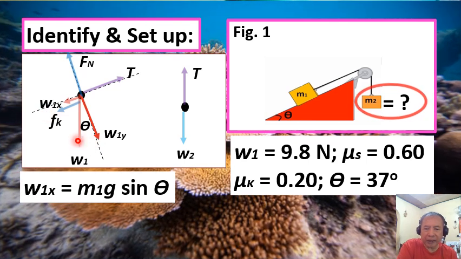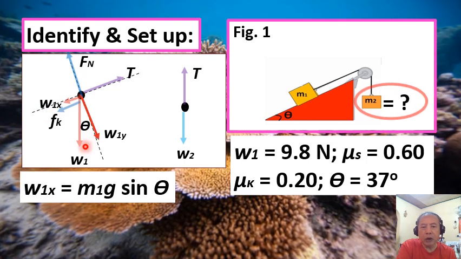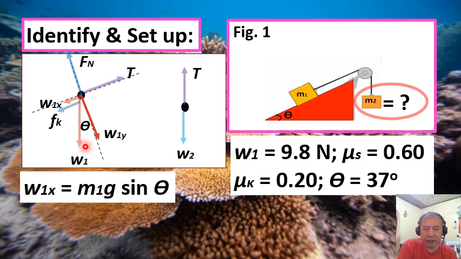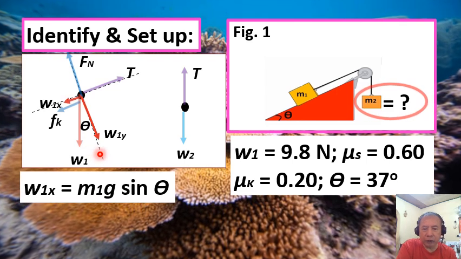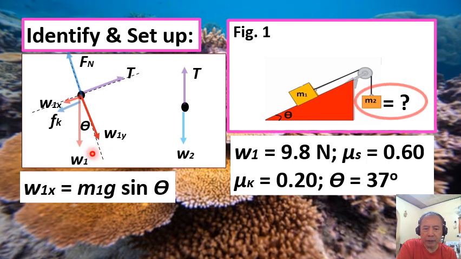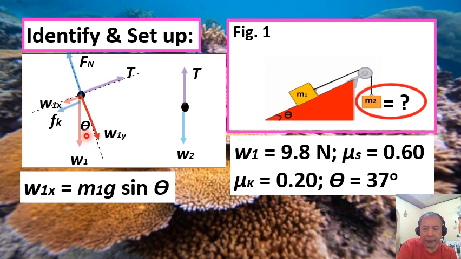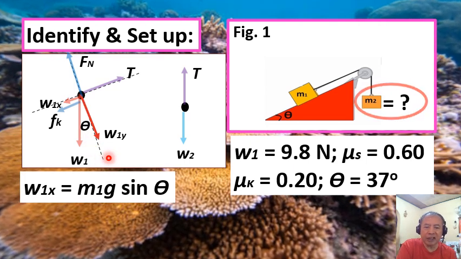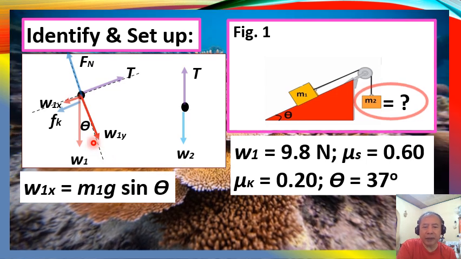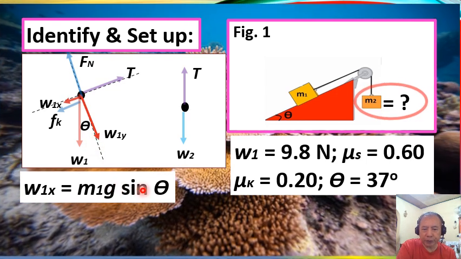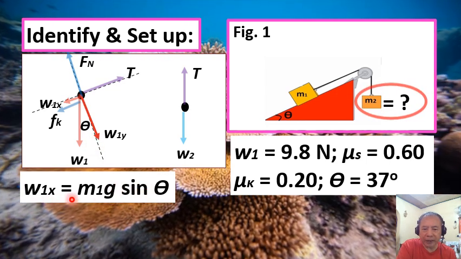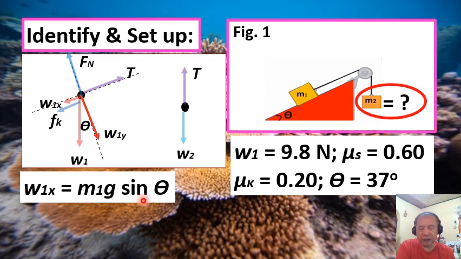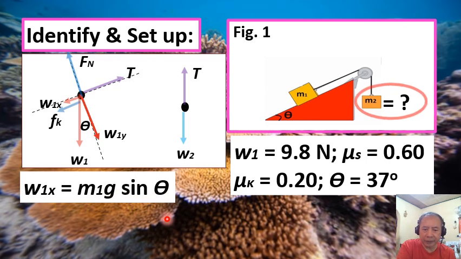Based on SOHCAHTOA, sine is the ratio of the opposite side over the hypotenuse. That's why W sub 1x is expressed in terms of sine of the angle theta.